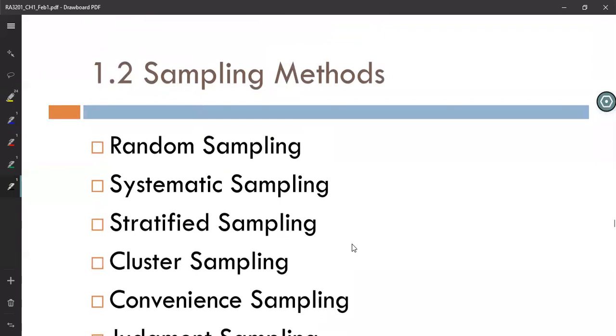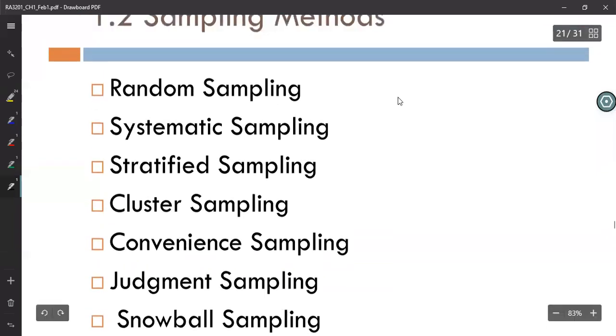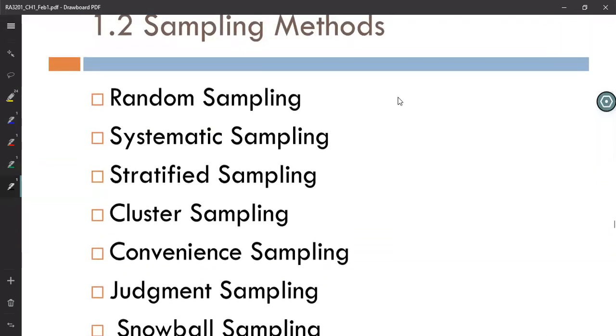Here are some sampling techniques that we are going to look at in this course. These are not the only sampling techniques available. There are several other techniques. Sometimes you combine these techniques and get a hybrid method. It all depends on the objective of your study.